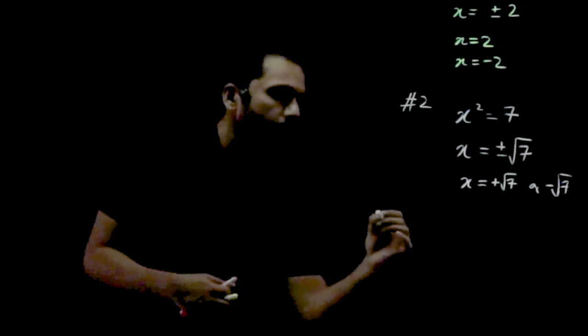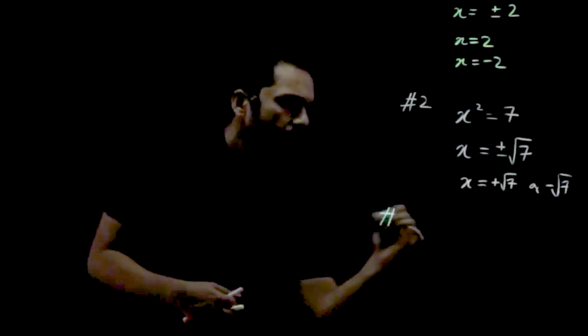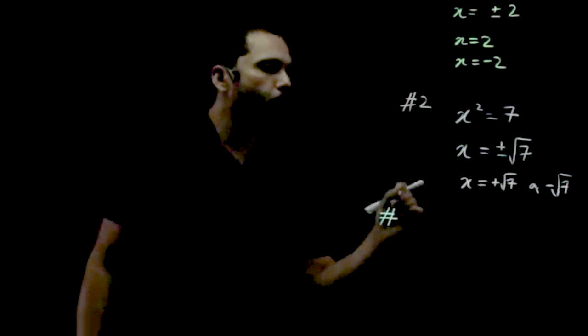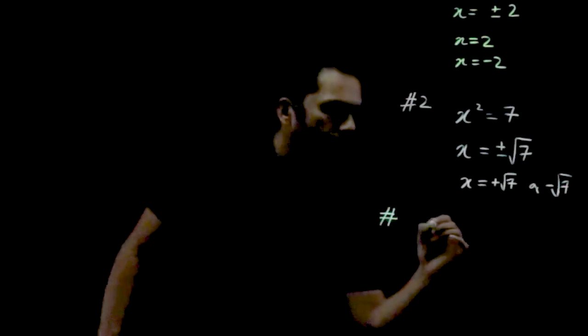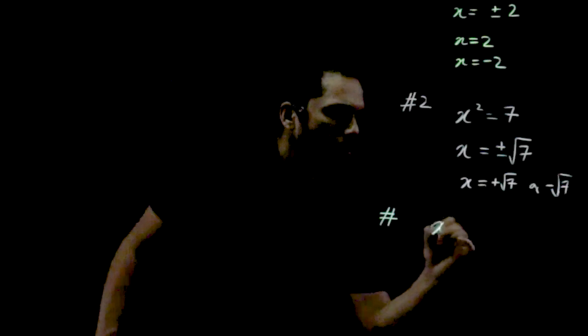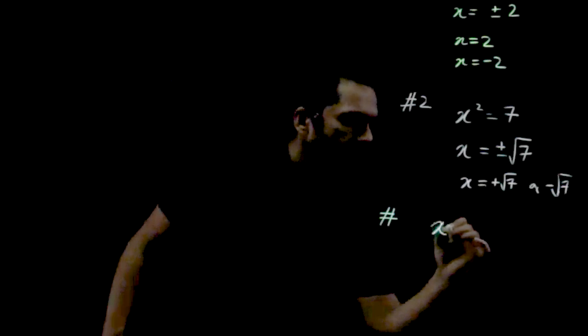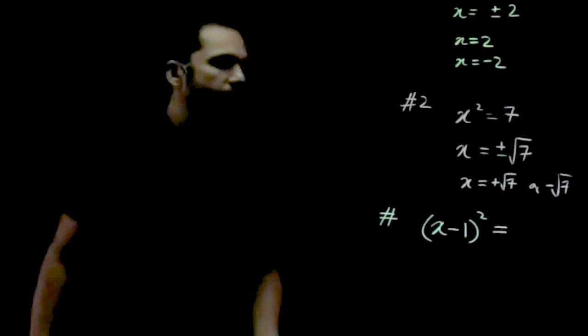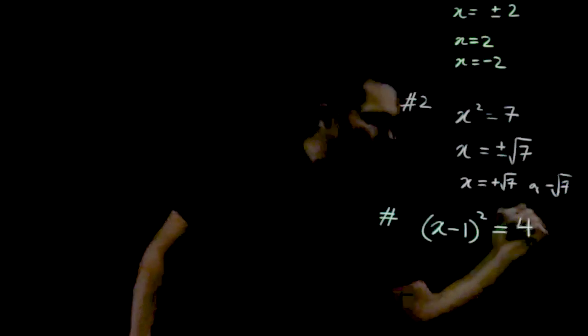But let me not kid you. Let me make it a small bit complicated, and I'll ask you, what is the solution of x minus 1 the whole square is equal to, say, 4 again?